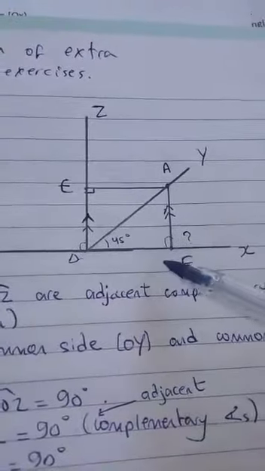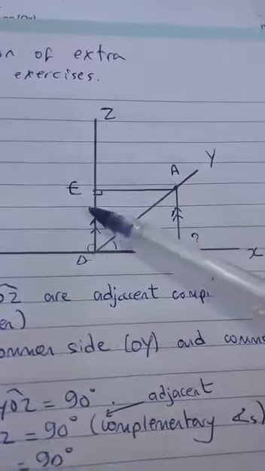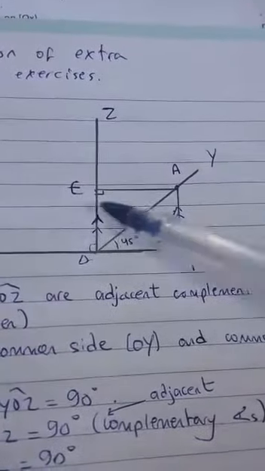So F is the orthogonal projection of A on OX, and E is the orthogonal projection of A on OZ.